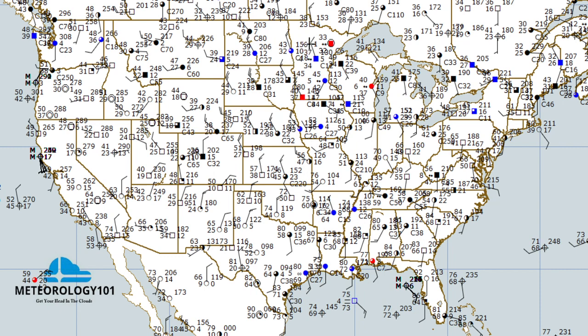Alright, 1015. So we're pretty close there to 1016. If we find the 1016 millibar area, maybe start plotting a little bit. 1013.6, 1014.5, 1011.3.